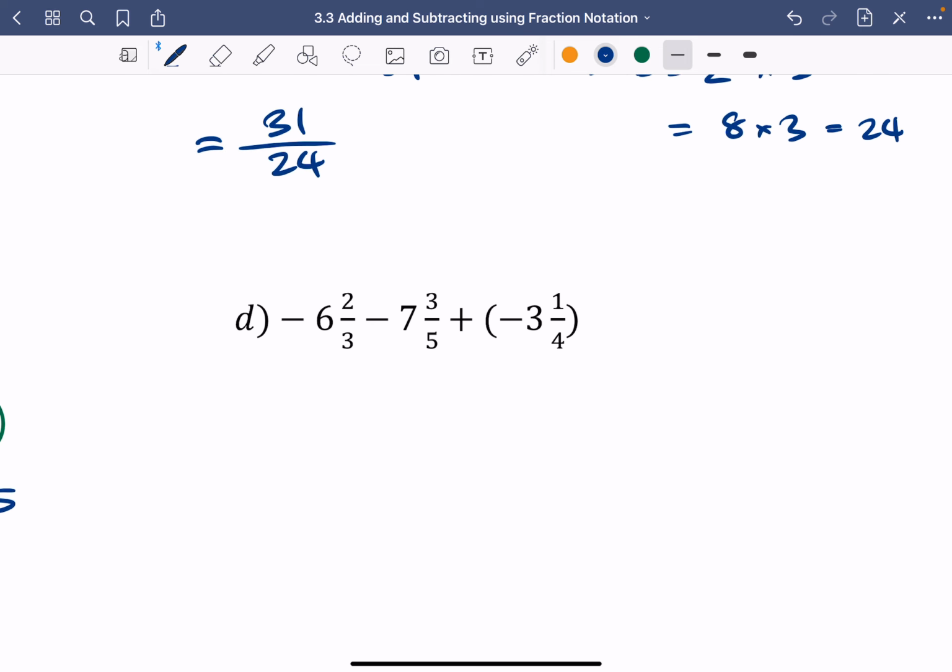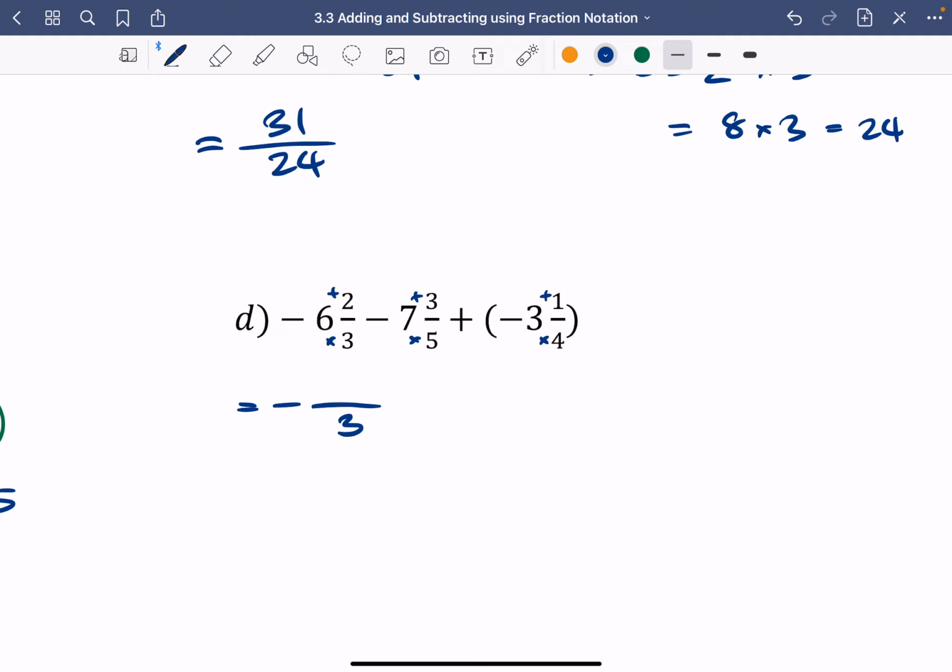Okay, last example. This time all of the 3 fractions are mixed numbers. So to do this, let's just change all of them to improper first. You're gonna multiply them and then add, multiply, add.